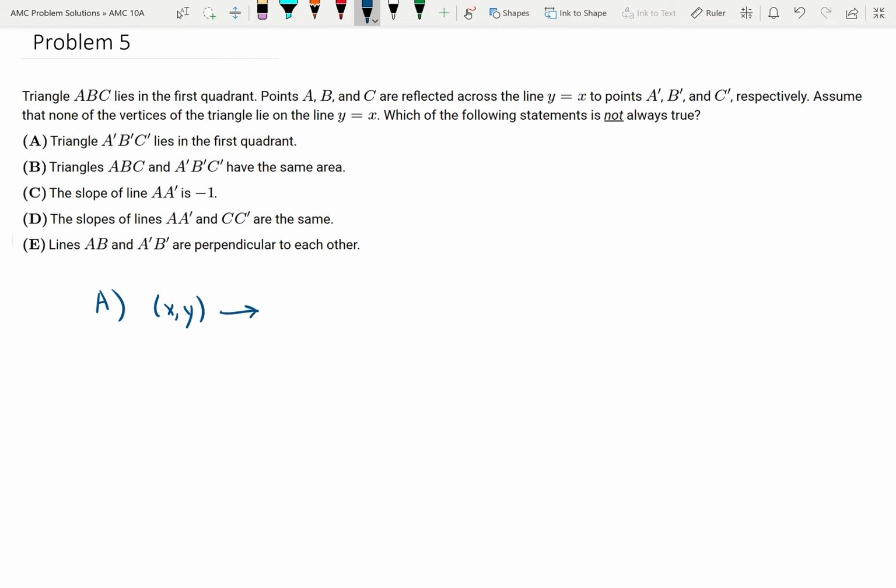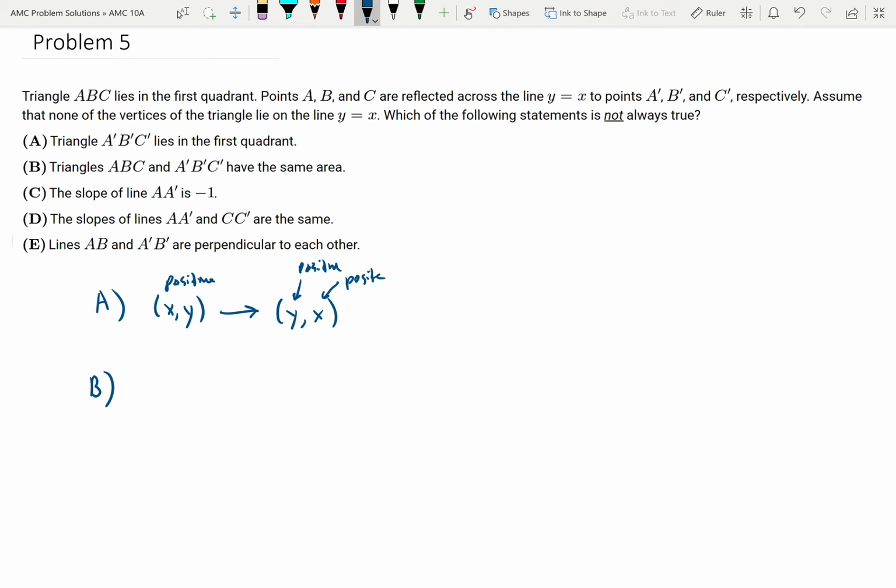When I reflect that across the line y equals x, it becomes the point (y, x). Since I know that both x and y are positive, both the x coordinate and the y coordinate here are going to be positive. Therefore, that point must lie in the first quadrant. So that's always true.